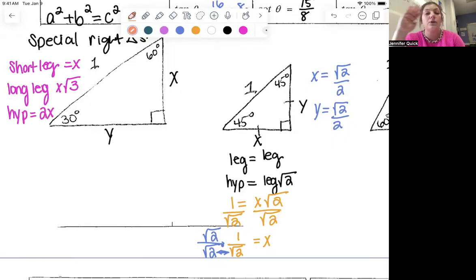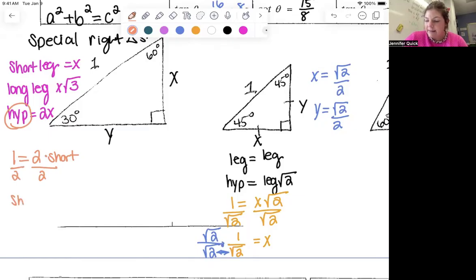Now, again, if you don't remember this, there's a video on YouTube, I'm sure, that you can find in your own free time, or Khan Academy has those things too. But for the sake of all that is good and right in the world, we just need to move forward. So if I know that the hypotenuse is 1, this is the only formula that I can use. But I could find the short leg, and then the short leg is in the long leg formula as well. So if I divide by 2, I get that the short leg is equal to 1/2.